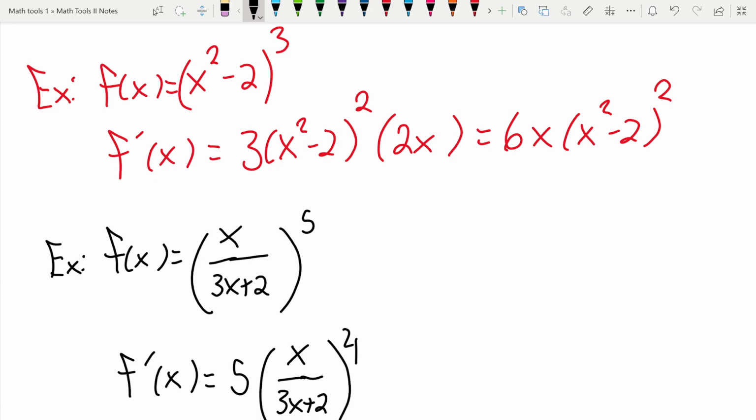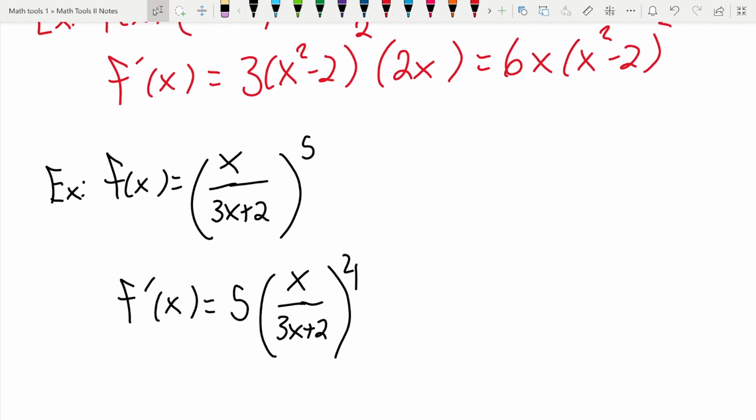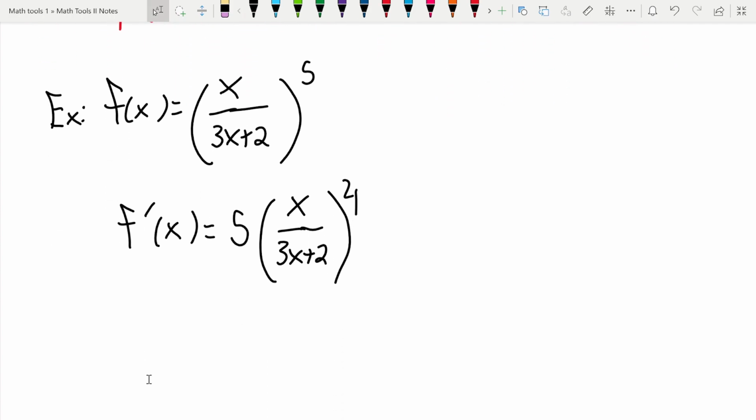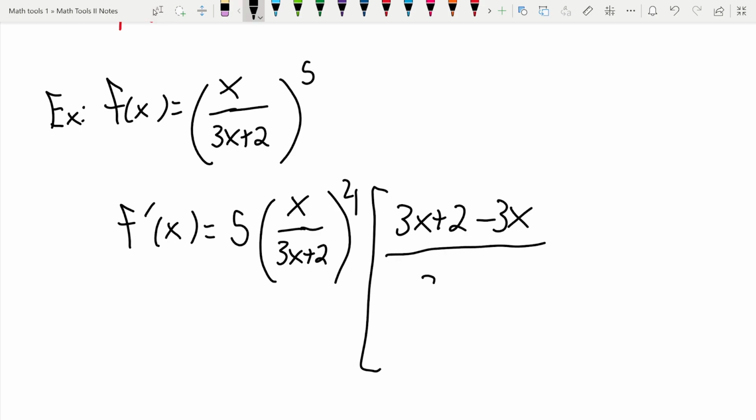And now we're doing the derivative of the inside part, which is going to require the quotient rule. Okay, so this is a whole big thing. So the quotient rule will say this is 1 times 3x plus 2 minus x times 3, so we'll just say 3x, over 3x plus 2 squared.